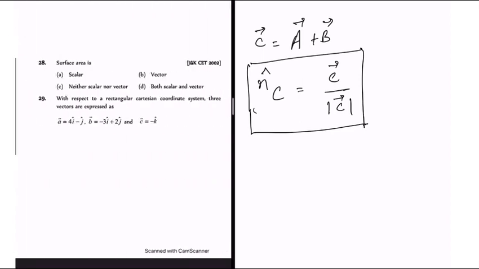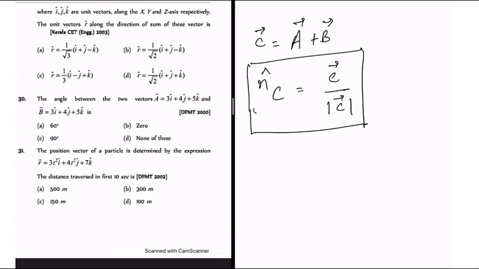28: surface area is definitely a scalar. Your answer is A. Surface area is a scalar quantity. 29: with respect to a rectangular Cartesian coordinate system, three vectors A, B and C are expressed, where i cap, j cap, k cap are unit vectors along x, y and z directions.